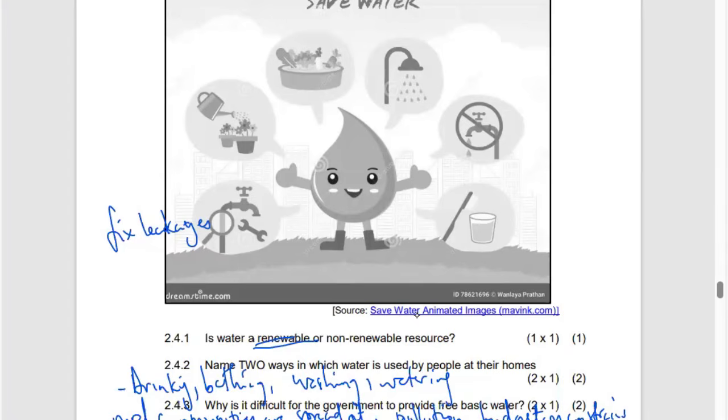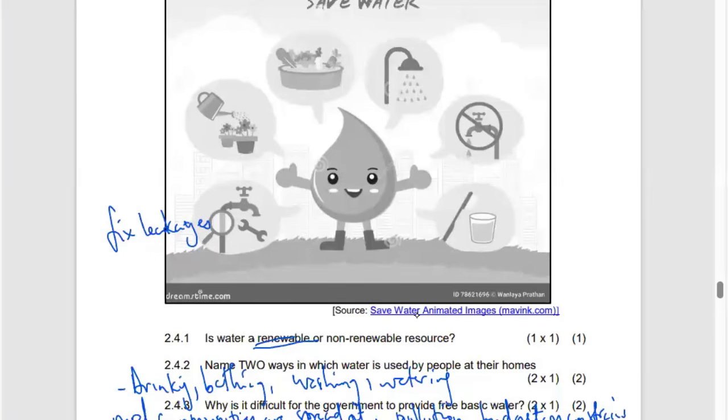Right, then this one here is talking about what? You can see that there are some plants there, and there is a watering can being used to water the plants, as we can see there.